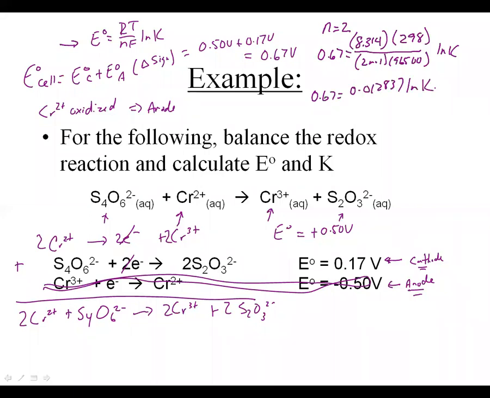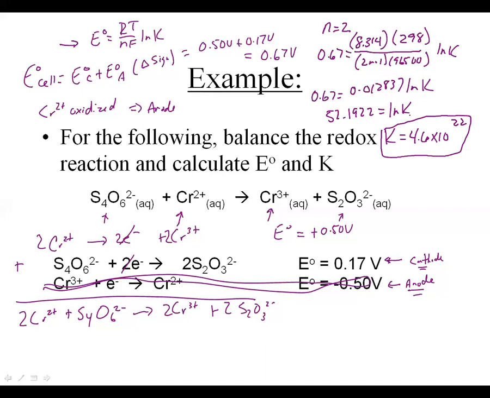We're going to take 0.67 and divide it by that. That's going to give us 52.1922, which equals the natural log of K. We're going to take e to both sides there, and when we do, K will equal 4.6 times 10 to the 22, which again does make sense.